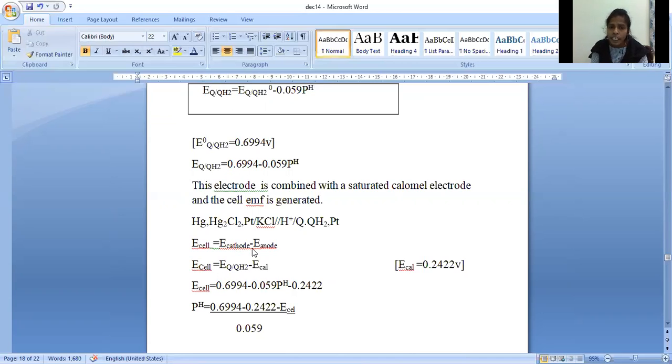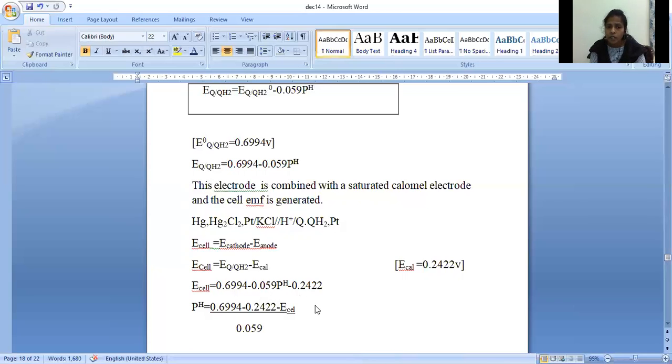But we know what E_Q is. E_Q means E naught Q minus 0.059 pH. So when we substitute here, we will get E cell equals 0.6994 minus 0.059 pH minus, when we substitute E calomel, 0.2422. But we need to calculate pH.